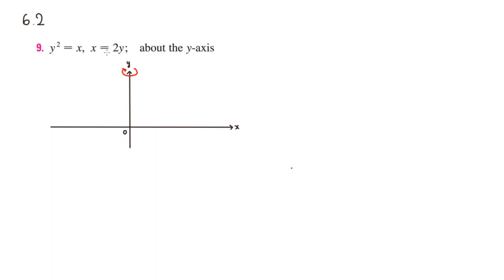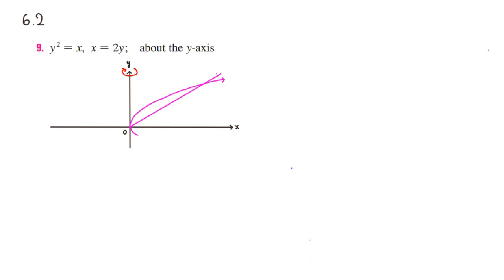x equals 2y is just a straight line, so I'm going to draw a straight line there. It will look somewhat like that. And y squared is equal to x, so it's a sideways parabola. It's going to look somewhat like that.